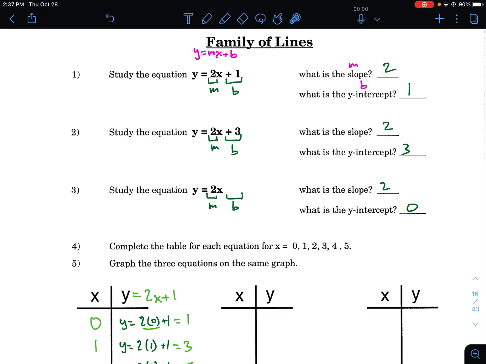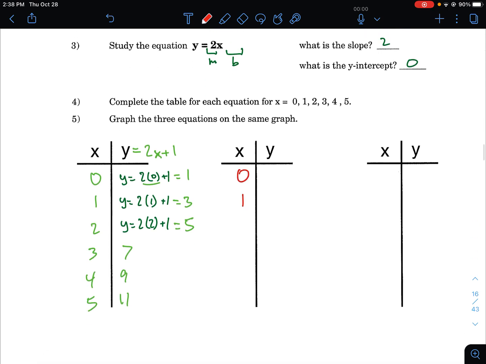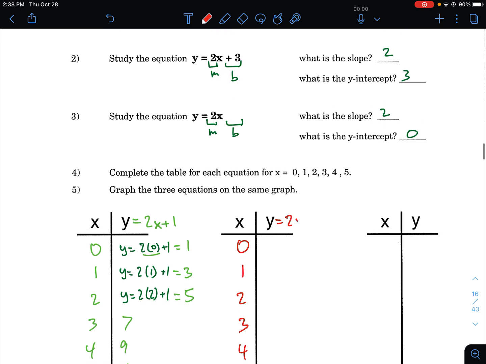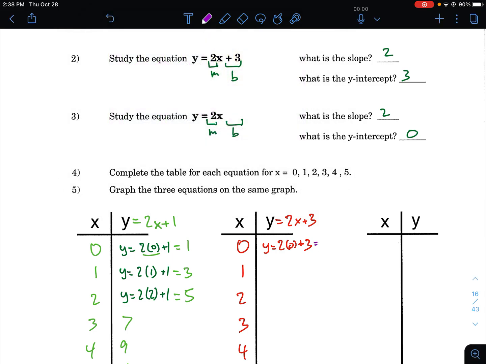It's y equals 2x plus 3. Let's use red. So when x is 0, 1, 2, 3, 4, and 5, y equals 2x plus 3. So y equals 2 times 0 plus 3. What does that equal? That equals 3.